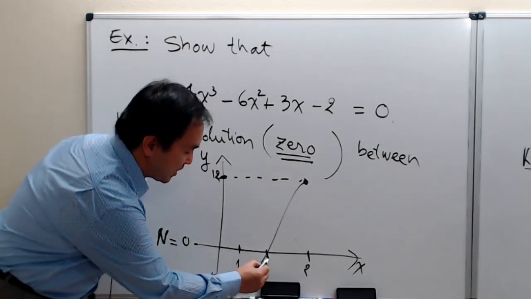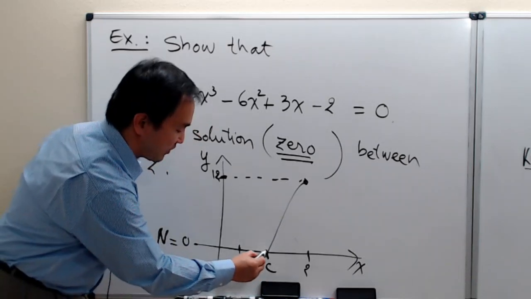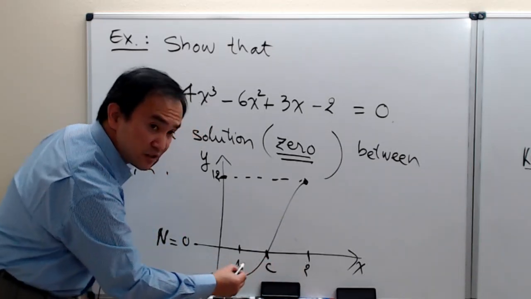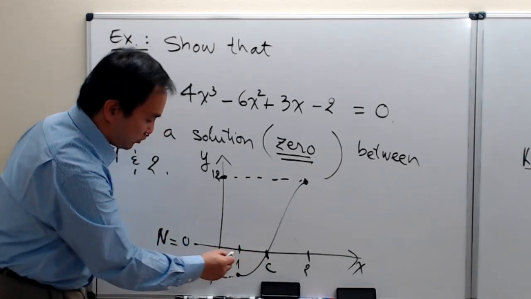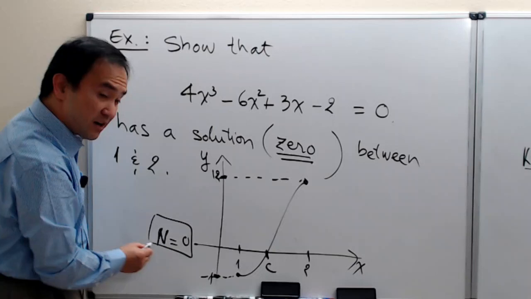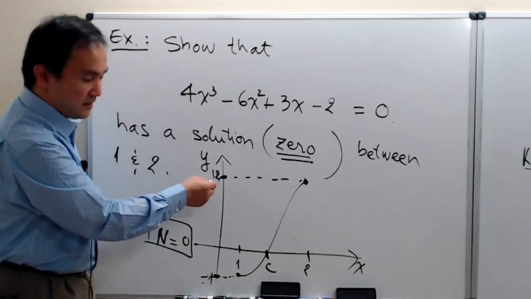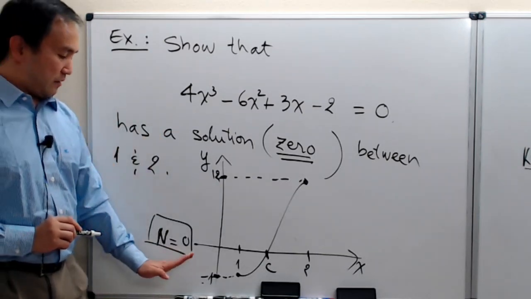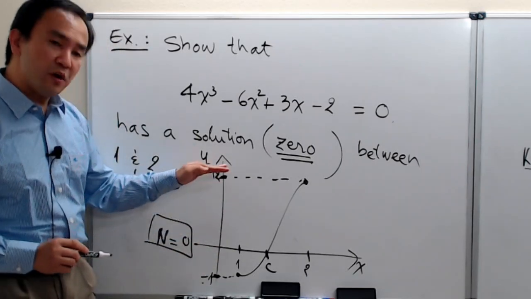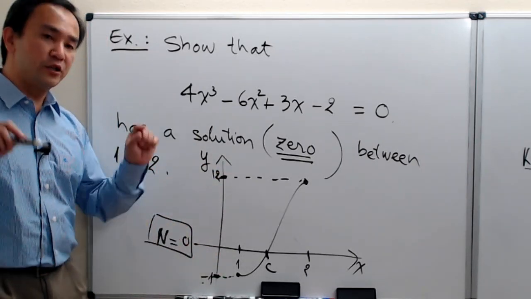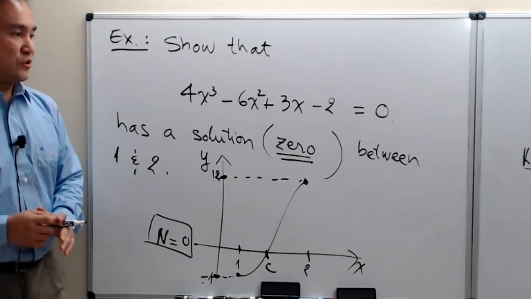So at some point C between 1 and 2, our closed interval on the x-axis, we have some value C that guarantees our function output value equals n equals 0, being exactly inside of the vertical interval from -1 to 12. And I remind you again, being between -1 and 12, these are the two output values created by the two endpoints of the closed interval 1 and 2.